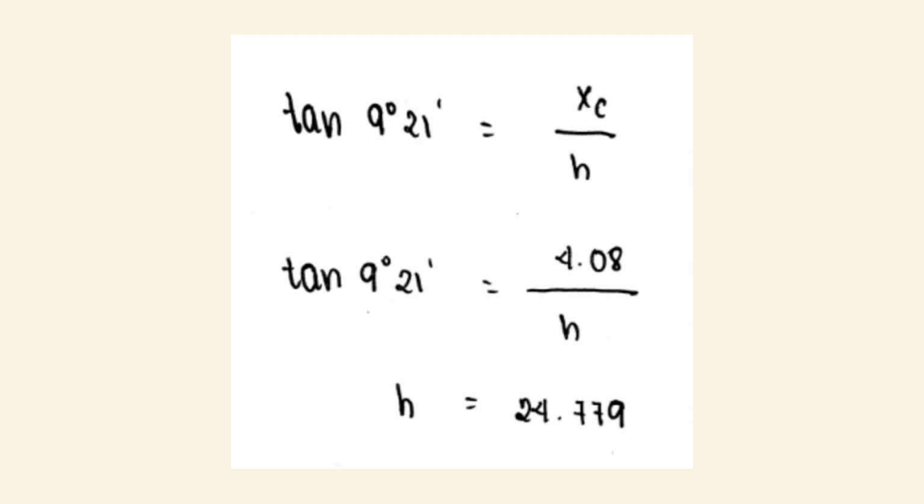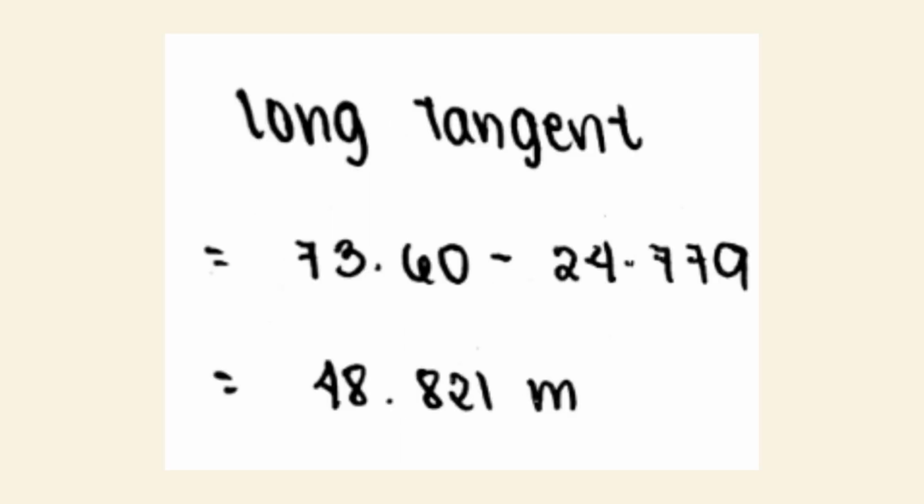Now we can finally look for the value of h. Using the formula tangent S sub c is equal to x sub c over h, we have tangent 9 degrees 21 minutes equaling to 4.08 over h. Solving the equation, the value of h is now equal to 24.779 meters.